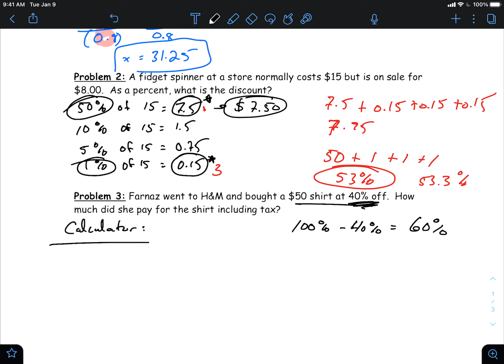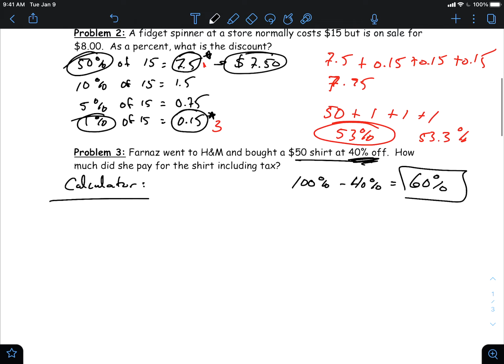60%. Now, do we work with percentages? We don't work with percentages, we work with decimals. So if you were doing this in the store, you'd go 0.6. You'd multiply 0.6 times whatever the price of the item was.